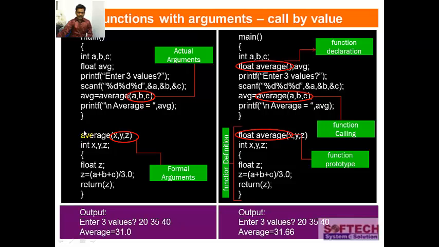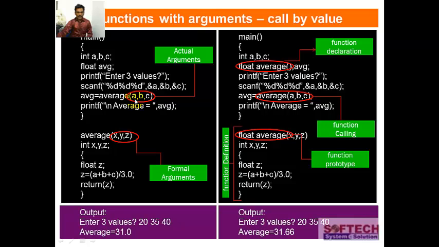This is a function definition. This one is the function call. This is the function definition. In the function call, we put some variables within the parenthesis; this argument is called an actual argument. At the time of function definition, if we put variables within this parenthesis, these are called formal arguments.